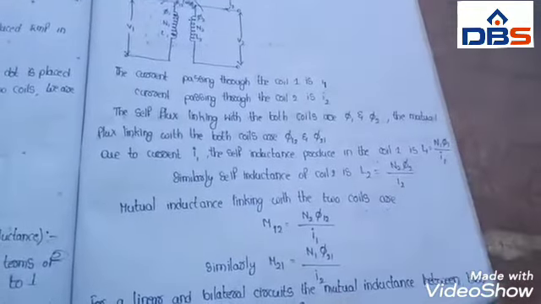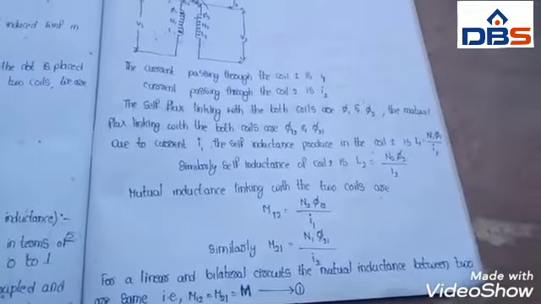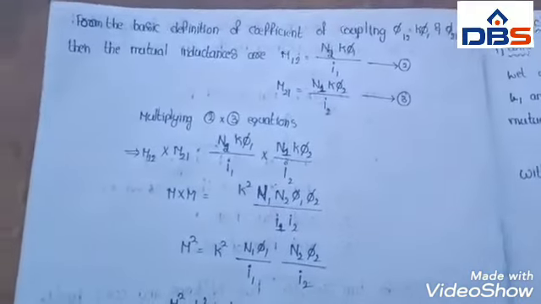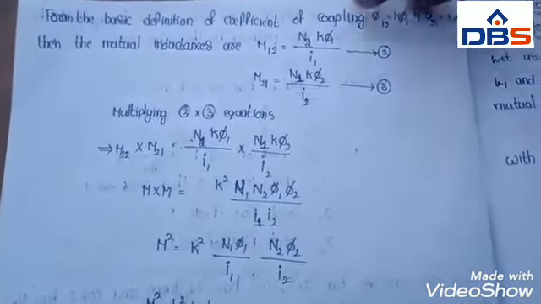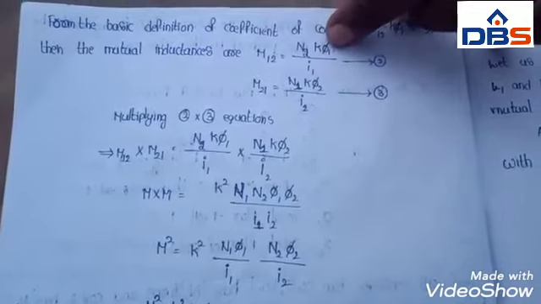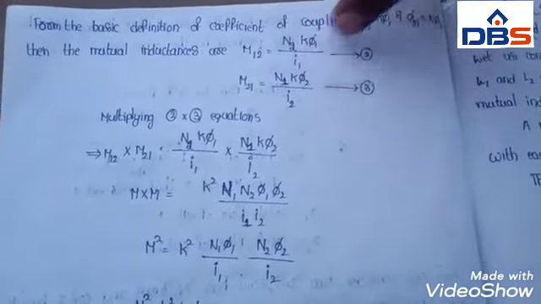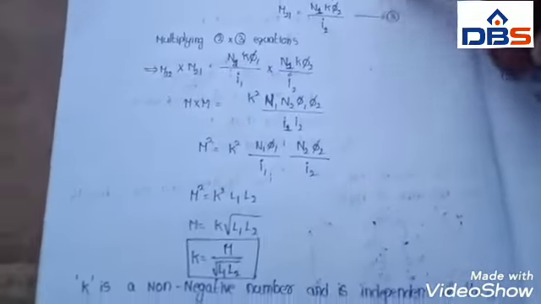For linear or bilateral circuits, the mutual inductances are the same, that is M12 equals M21 equals M. Now we know that M12 is N2 K phi1 by I1, since flux is proportional to current, and M21 is N1 K phi2 by I2. So these two are equal.